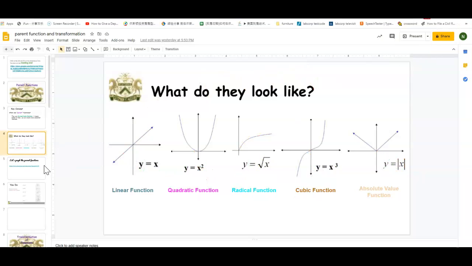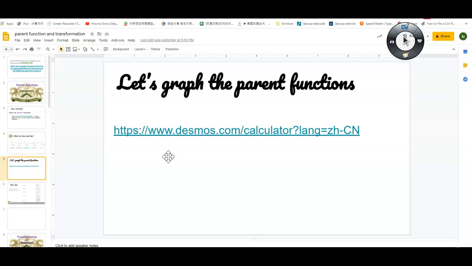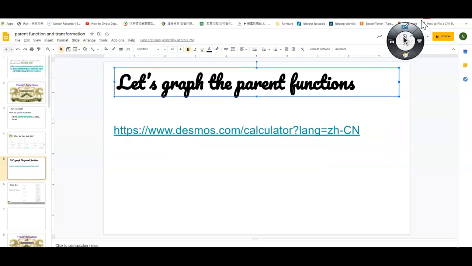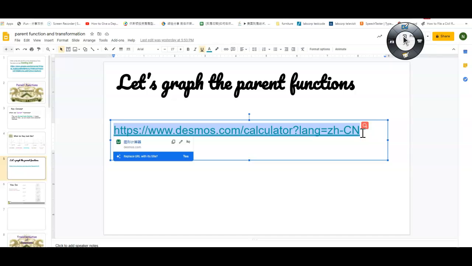So next, let's graph each of the parent functions. You can use an online graphing website to do this. So let's click on this. Hopefully it will work. And copy and paste.